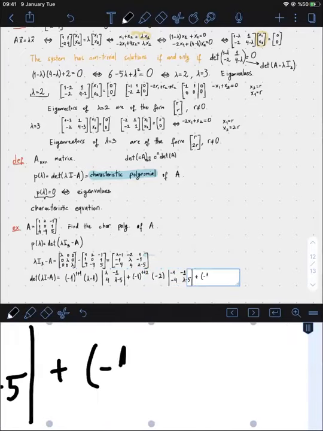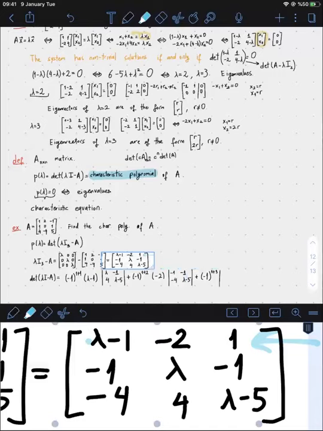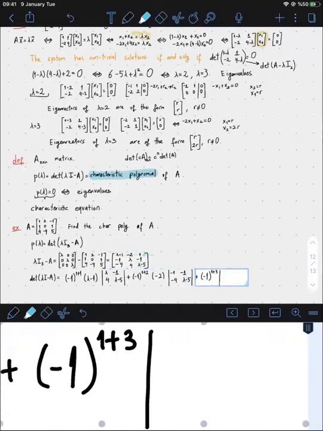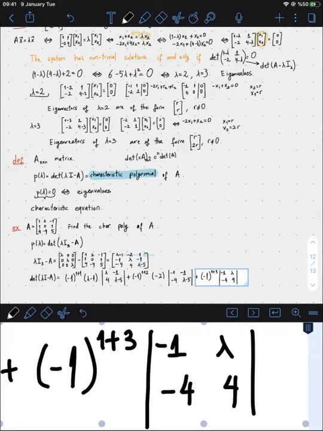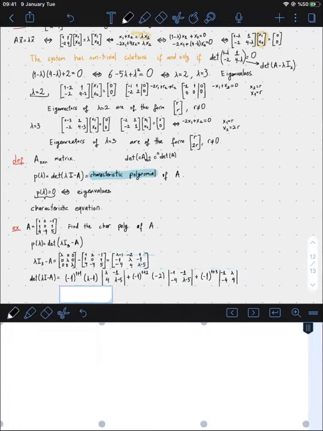Plus minus 1 to the power 1 plus 3, and I get minus 1, lambda, minus 4, and 4, right? Good.